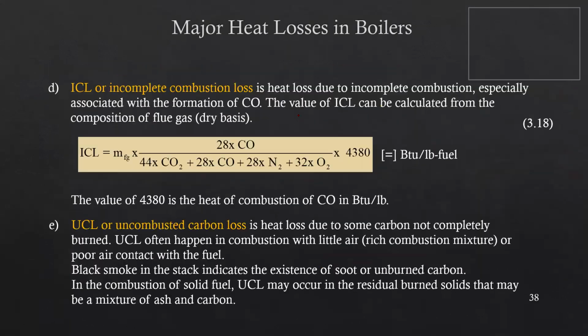We have the mass of the flue gas multiplied by 28 times CO, over 44 times CO2, 28 times CO plus 28 times nitrogen and 32 times oxygen, multiplied by 4,380, where this value is the heat of combustion of CO in BTU per pound.